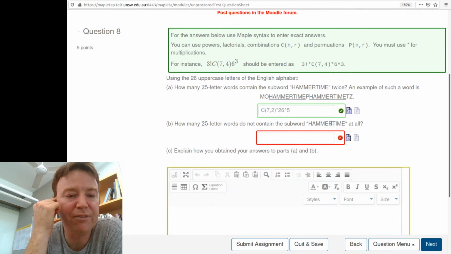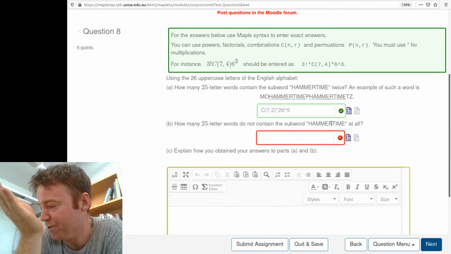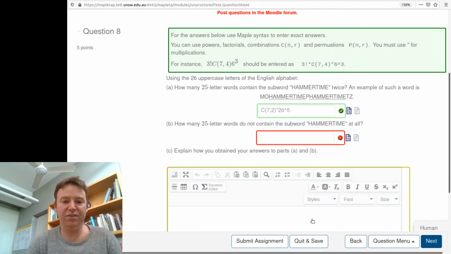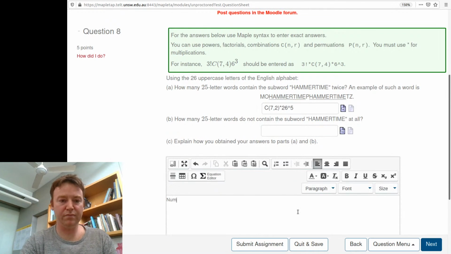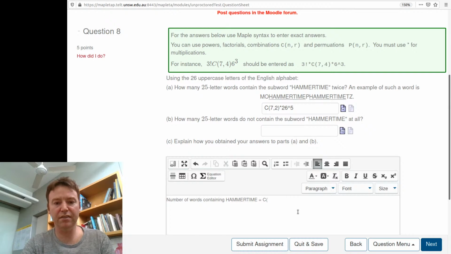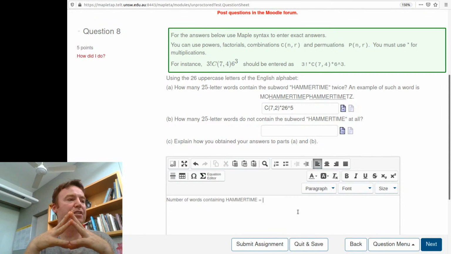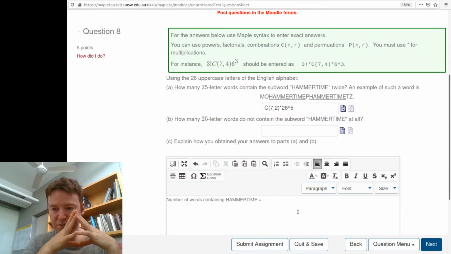So let's talk about the ones that have hammer time at least once. Just hammer time equals, well, again, I can do my special. How many places can I choose this? It's a special 10-character word, so I can choose 16 possible locations.